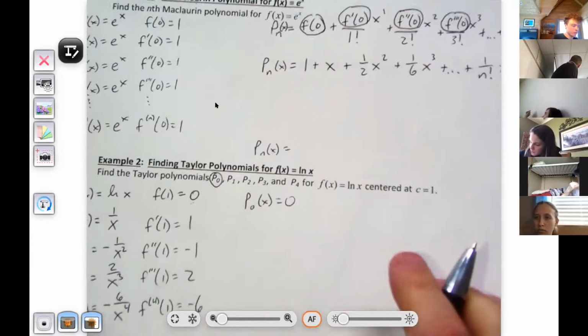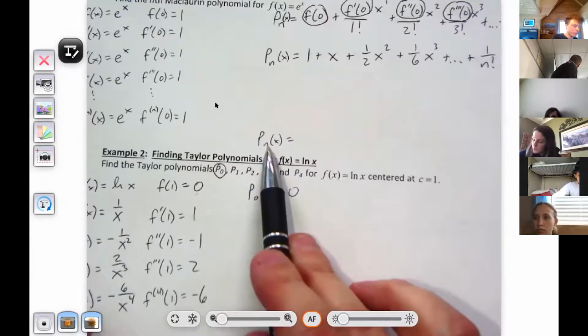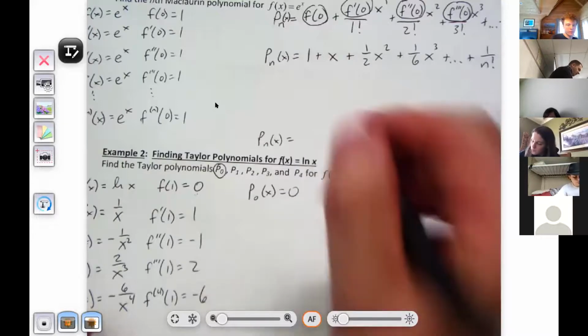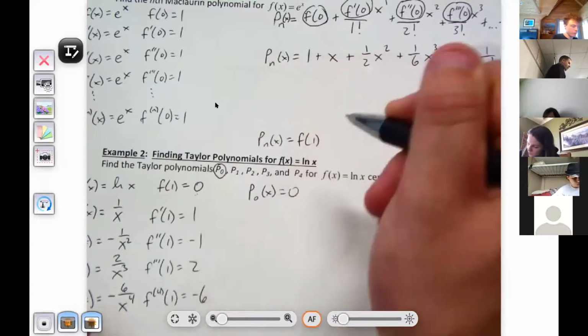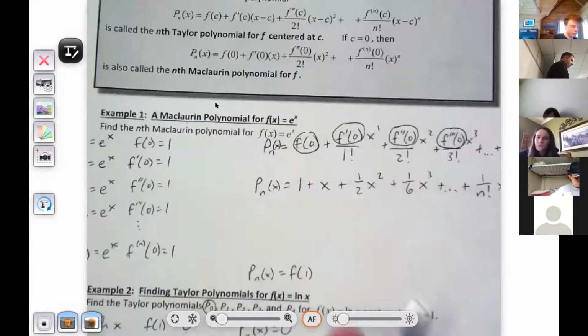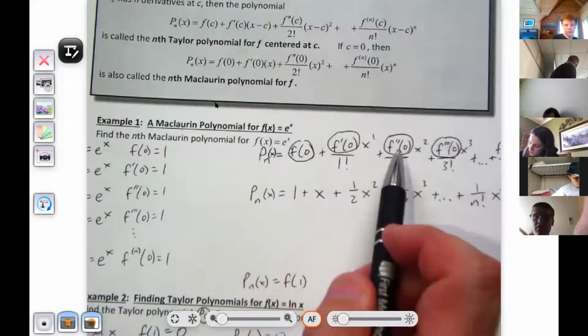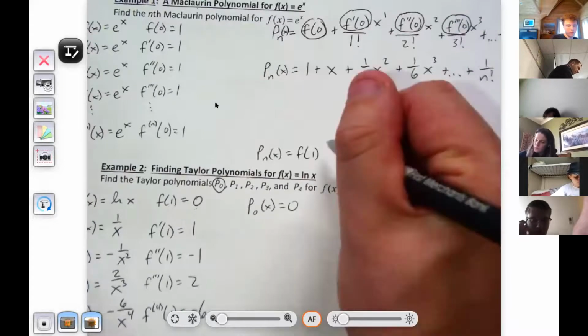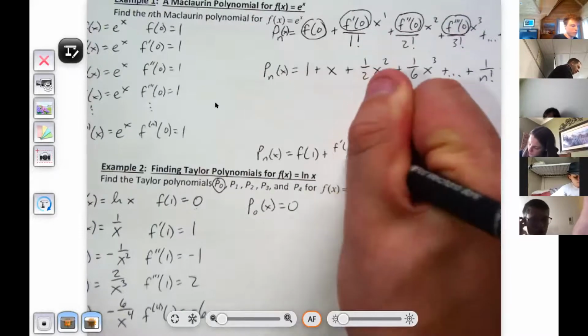So for this particular problem, the nth Taylor polynomial of natural log of x centered at c equals 1 is going to be whatever f of 1 is in this case. Notice up here it was f of 0, f prime of 0, f double prime of 0. Well, now we're at 1. So all those zeros become 1s, plus f prime of 1. Here's where you need to be careful.